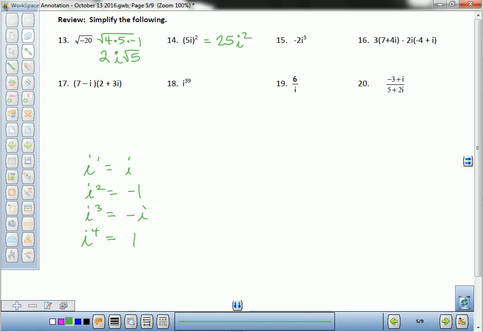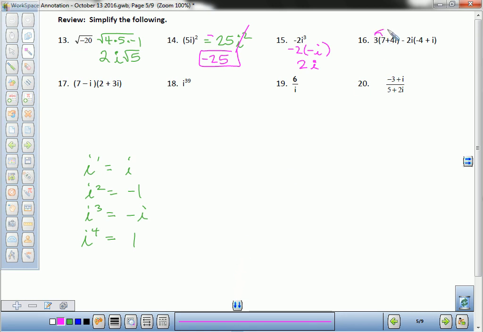So this is i squared. i squared is like multiplying by negative 1, which turns this into a negative 25. Okay, this is negative 2 times i cubed. What is i cubed? Negative i. Negative 2 times negative i is positive 2i.